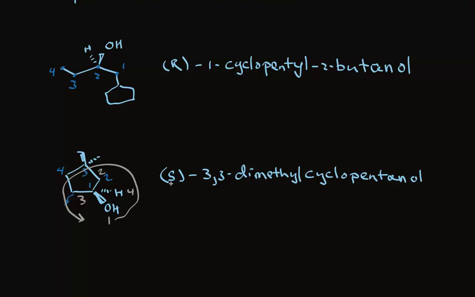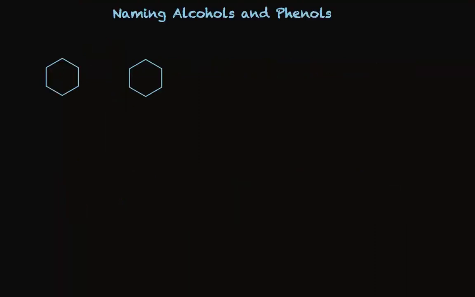Let's take a quick look at phenols. Phenols are 6-membered ring compounds that have a hydroxyl group attached directly to the ring. And that ring is very special. It has alternating double and single bonds. And you'll notice right away that there are 2 equivalent resonance structures.